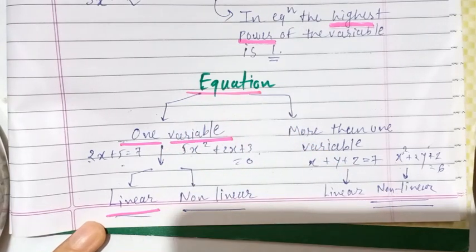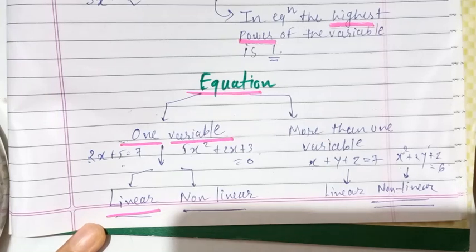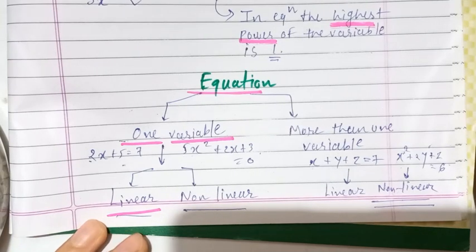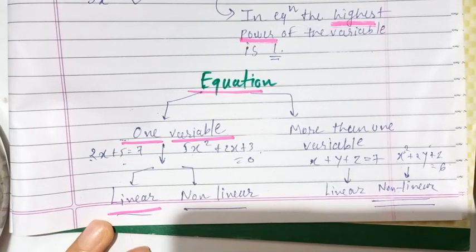Linear means the highest power of the variable in all the equations is 1, and there is one and only one type of variable in the equation. So this is our chapter, linear equations in one variable.